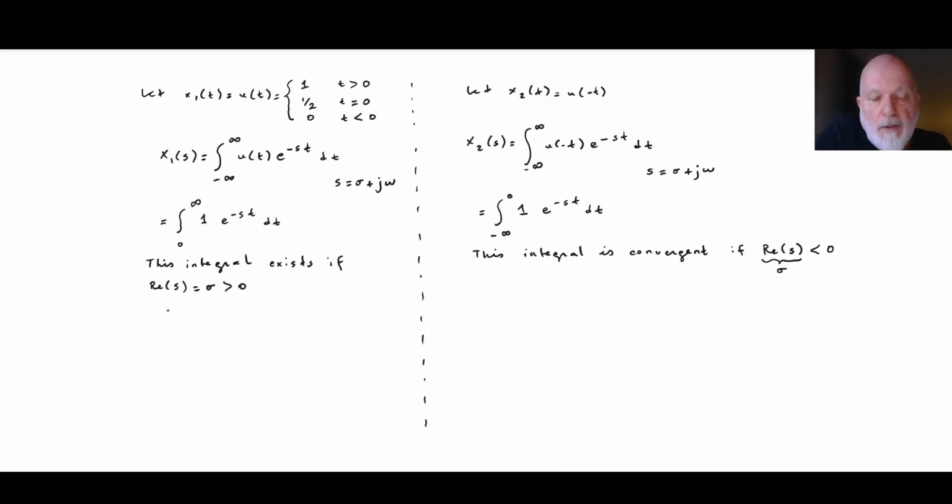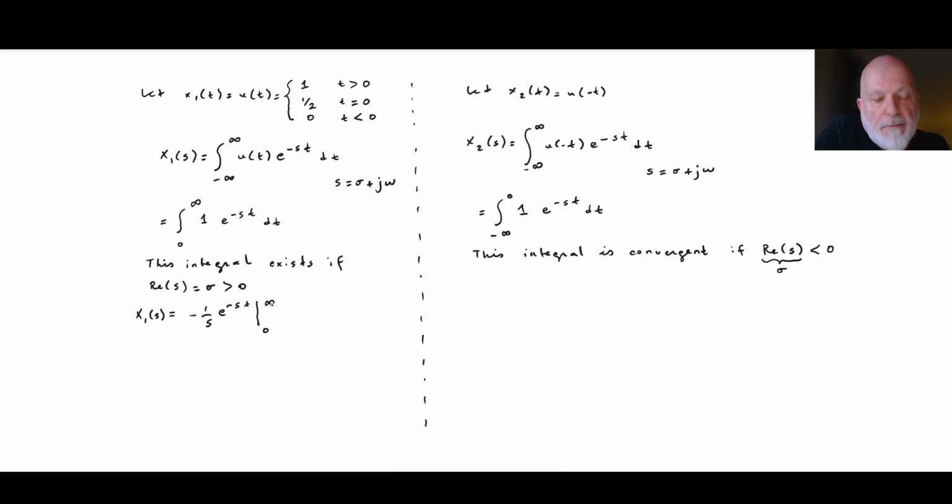So under this condition, x1 of s will be equal to minus 1 over s, e to minus st evaluated at 0 and infinity. As t tends to infinity, e to minus sigma t will tend to 0 because sigma is positive.